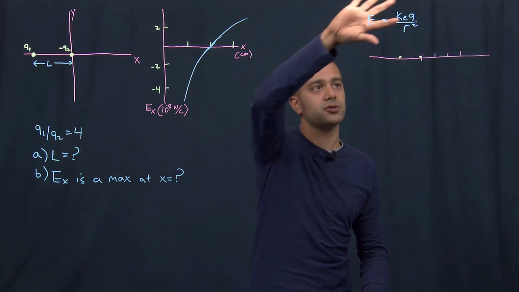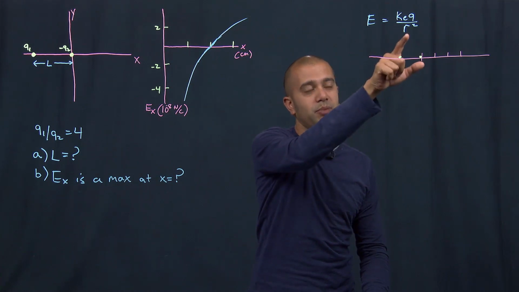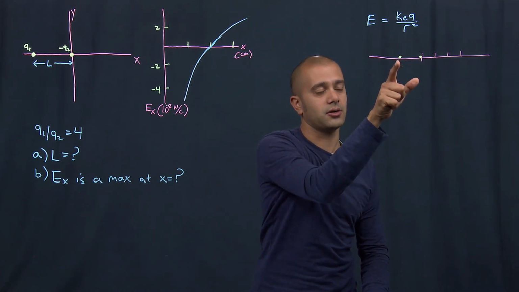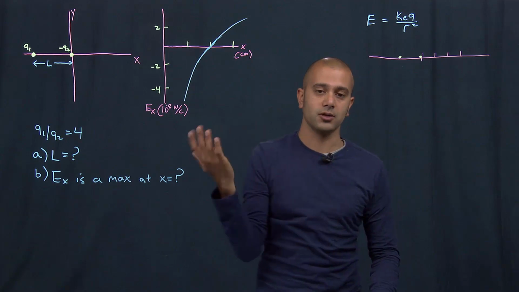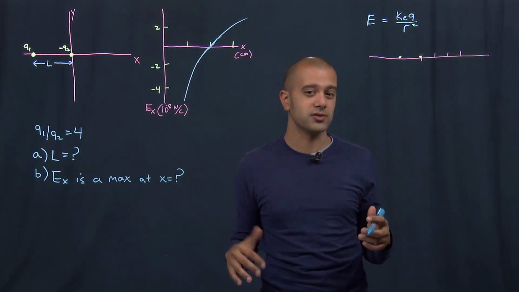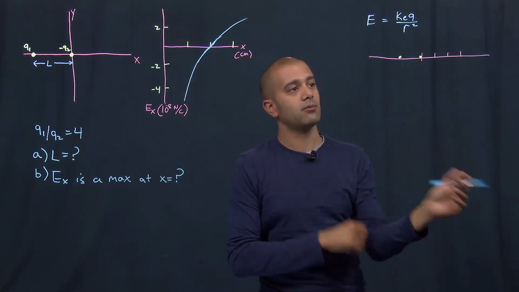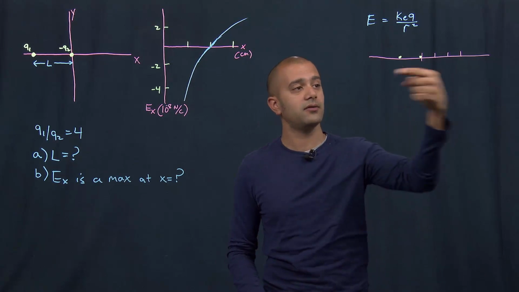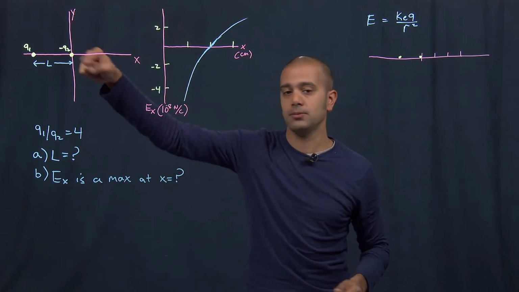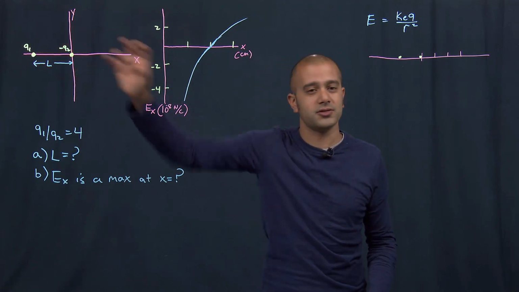So you would think it may produce a larger field, but the r is going to be bigger in that case because you're further away from that particular charge, which means the 1 over r squared is going to be a little smaller. And actually, the 1 over r squared is more relevant here because you're squaring a very small quantity. You can get a very, very large number for the negative charge, so that's going to be more relevant here. And what that means is that the negative field produced by this charge is going to be much, much greater than the positive field produced by that charge because the r is so small there.